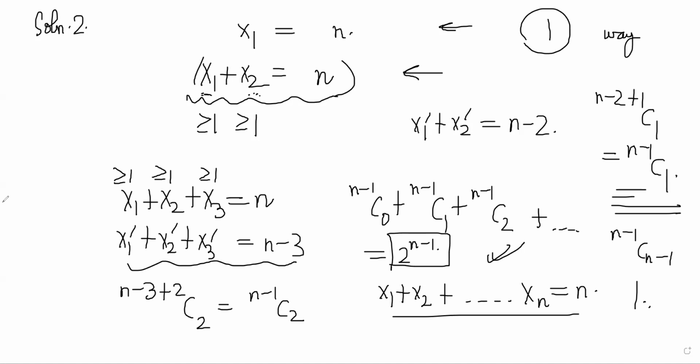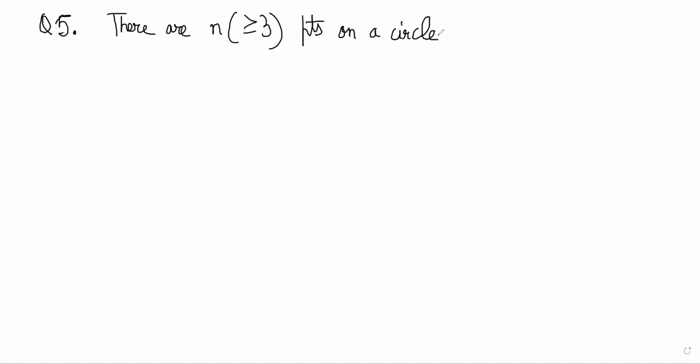This is a very simple and standard problem. I think it is question 5. There are n points on a circle, and n is greater than 3. Every 2 points are connected by a chord.